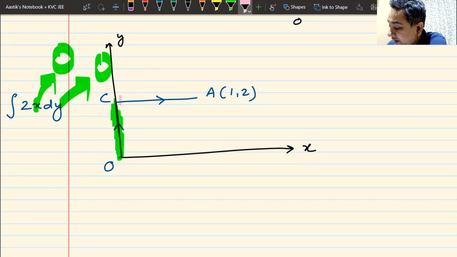Let us look at what is happening in the pink path.